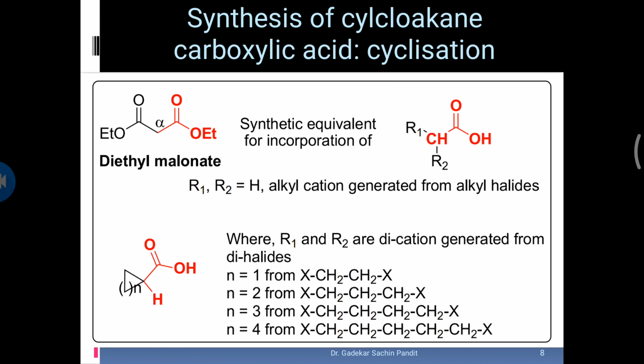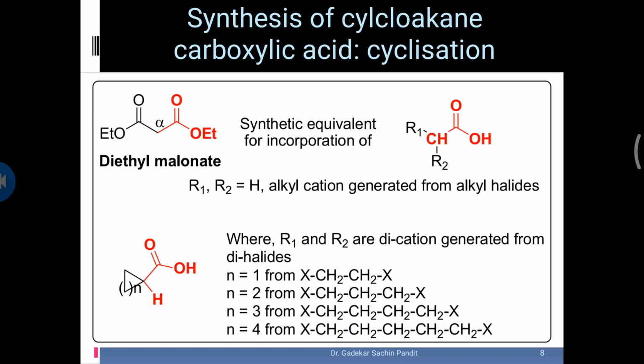So here is the synthesis of cycloalkane carboxylic acid by cyclization. Okay, so this is diethyl malonate, with its alpha hydrogen atoms. These alpha hydrogen atoms react with sodium ethoxide, and then they react with a dihaloalkane. It may form a 3-membered cyclic ring, or a 4-membered or 5-membered ring, depending on the dihalide.